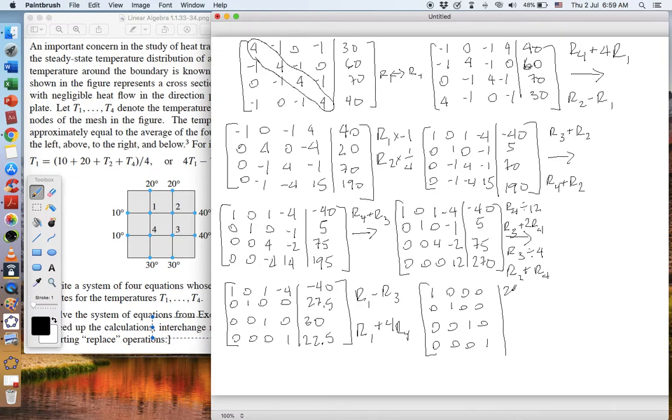And so here are our values for T1, T2, T3, and T4. If we wanted to write that out, we got T1 equals 20 degrees, T2 is 27.5 degrees, T3 is 30 degrees, and T4 is 22.5 degrees.